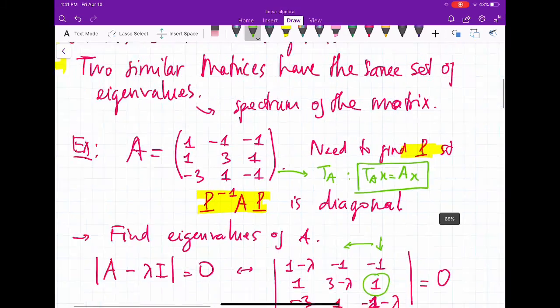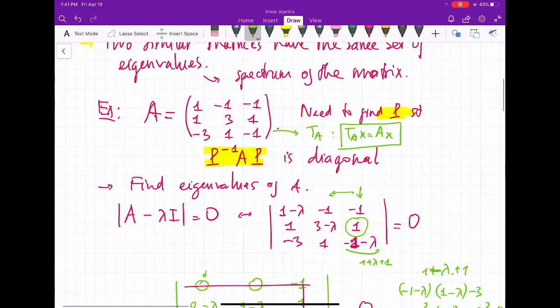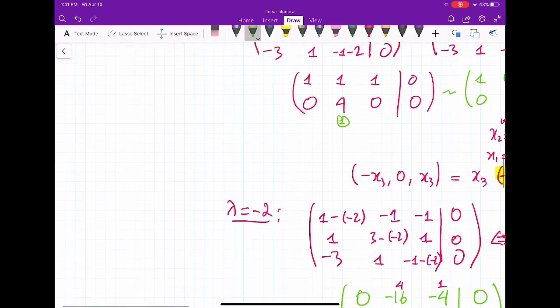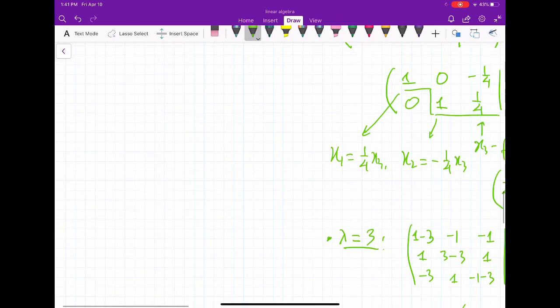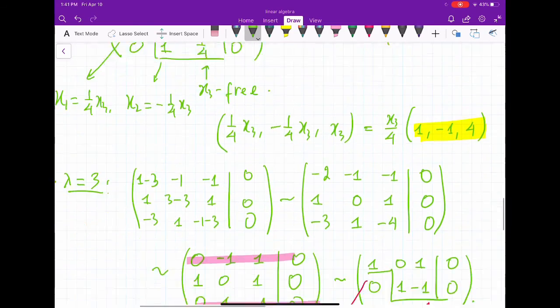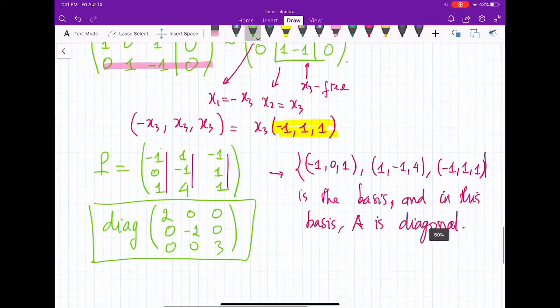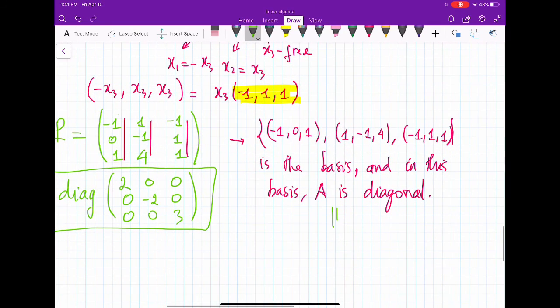And you want to diagonalize your T_A. So your T_A in this basis looks like it's just 2x, -2y and 3z.